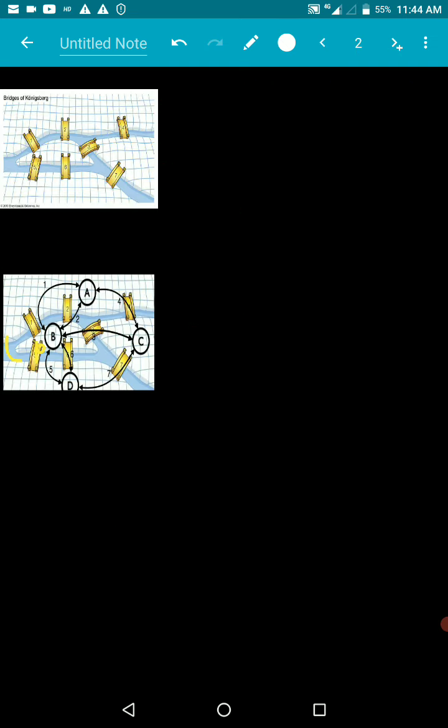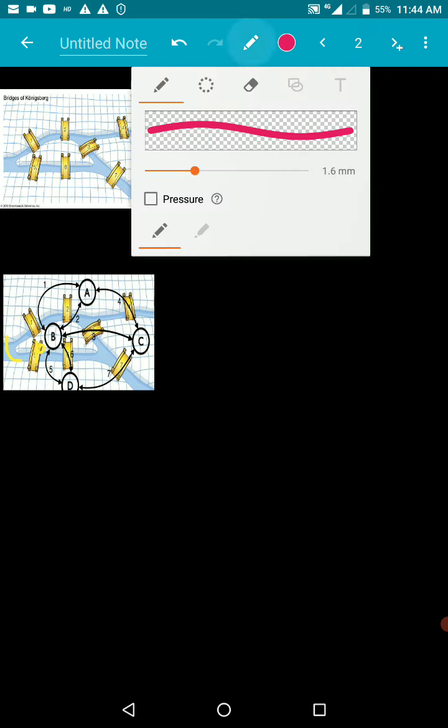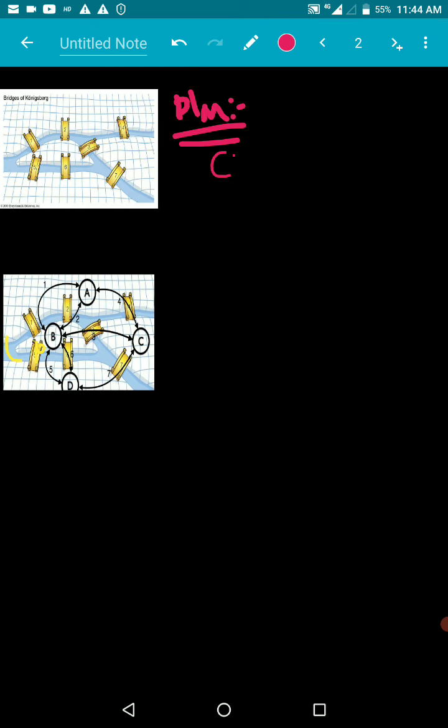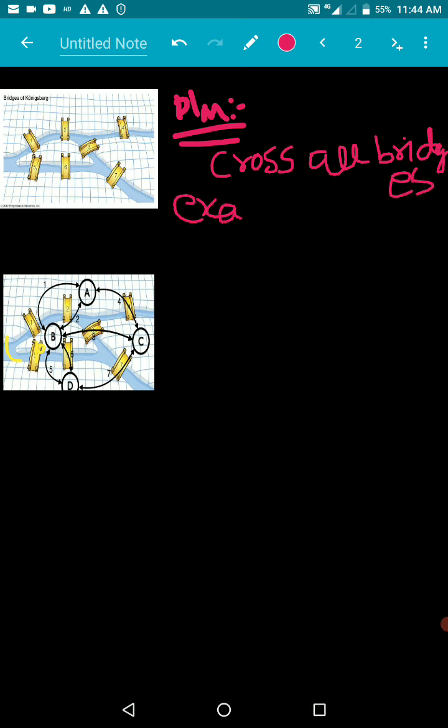Let's consider one of the most famous problems, which is called the Seven Bridges of Königsberg problem. The problem is: can I visit or cross all the bridges exactly once?